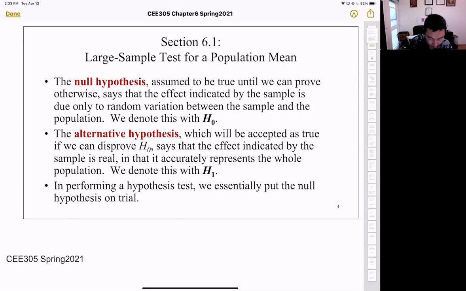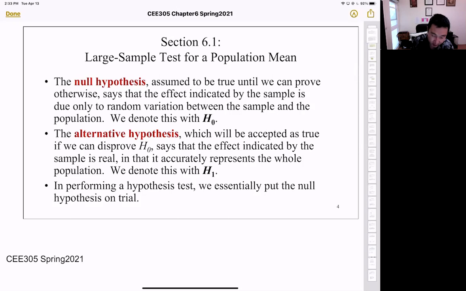Let's keep reading. We have a so-called alternative hypothesis, which will be accepted as true if we can reject or disprove H0. It says that the effect indicated by the sample is real in that it accurately represents the whole population.